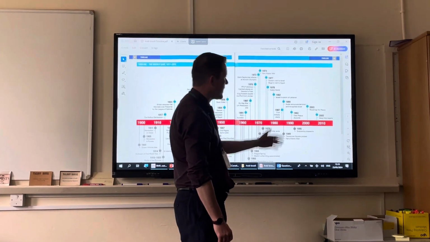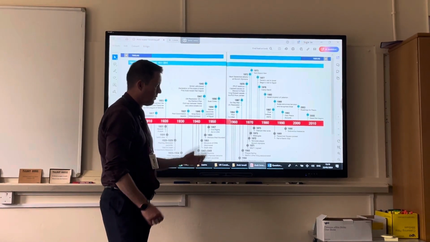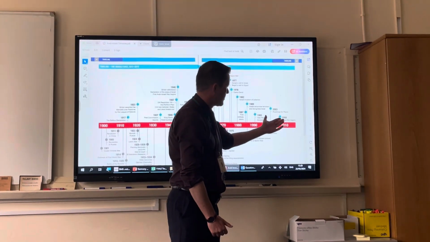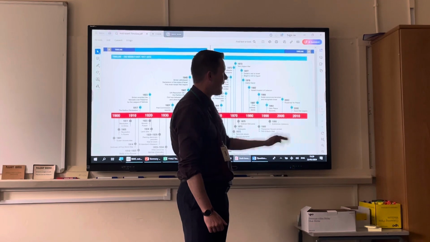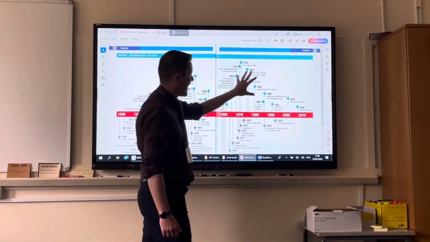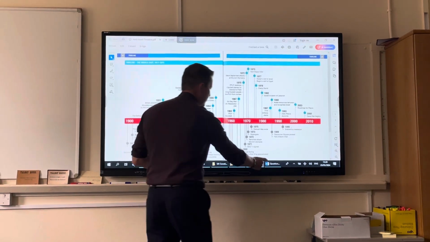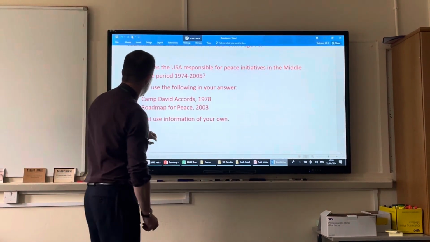And therefore they need to make peace with the PLO rather than the emerging groups such as Islamic Jihad or Hamas.